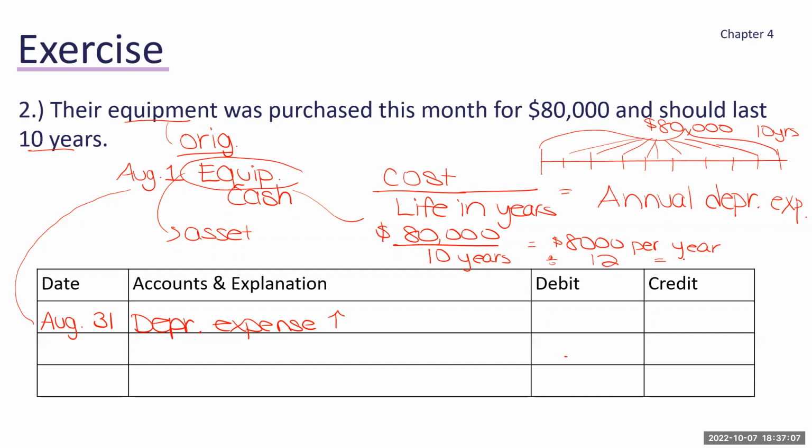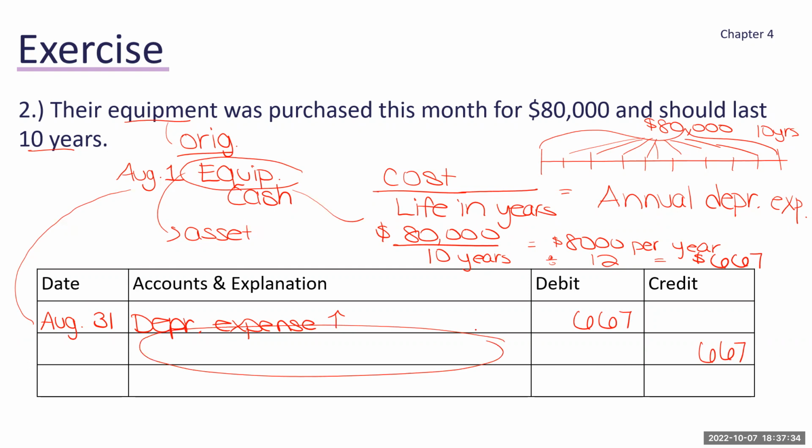So do that. Oh, that wasn't a very pretty figure, sorry. 8,000 divided by 12. When you round it, I'm getting 667. We know we have to have a credit offset.